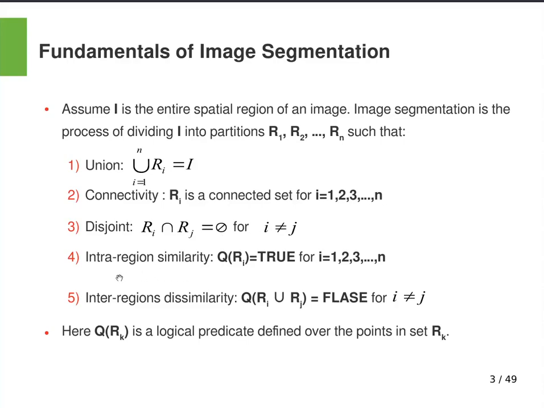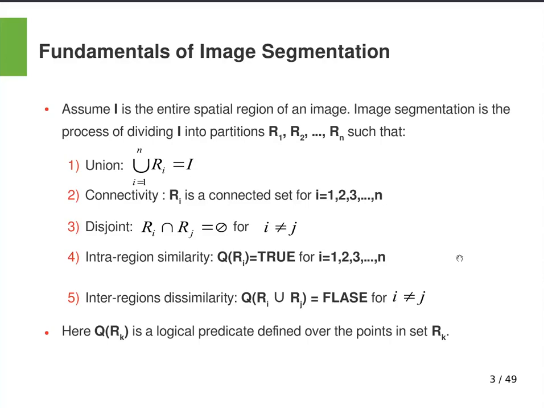And finally, we have the intra-region similarity and inter-region dissimilarity properties for these partitions. If we have Q as a logical predicate or condition defined to do the partitioning or the segmentation in the first place, this Q is going to be true for each one of these individual partitions, and it is going to be false for the union of each pair of these partitions.